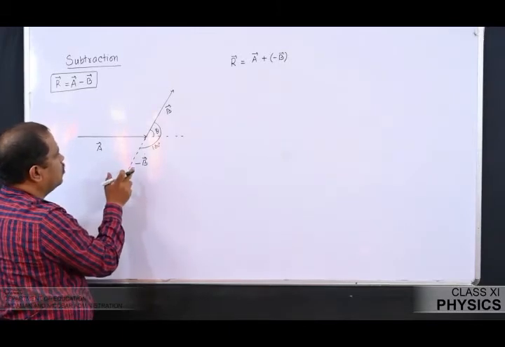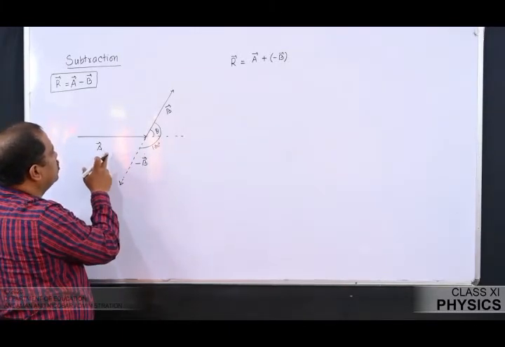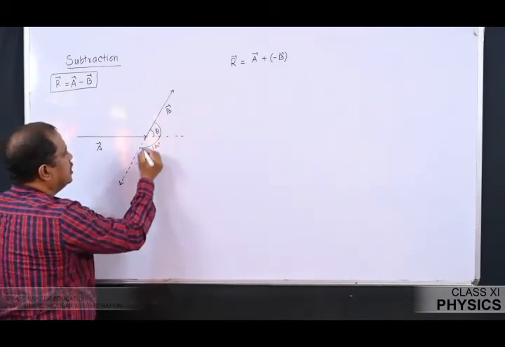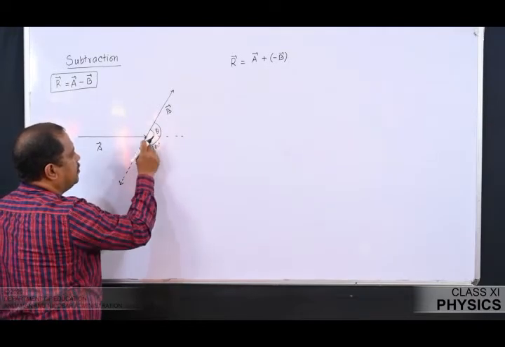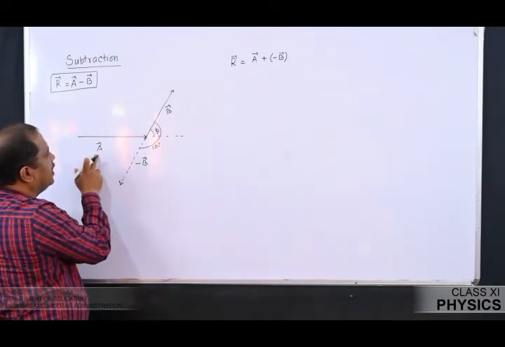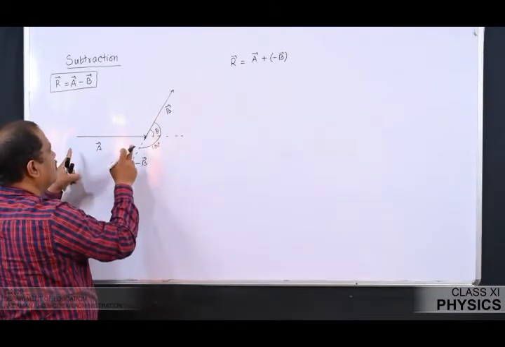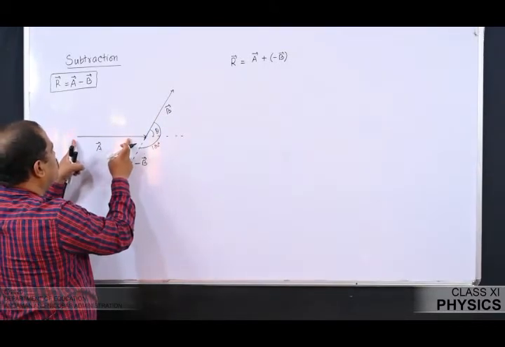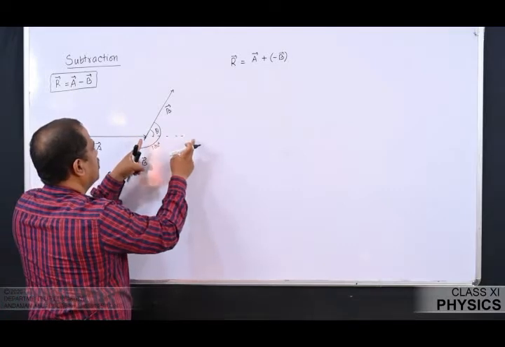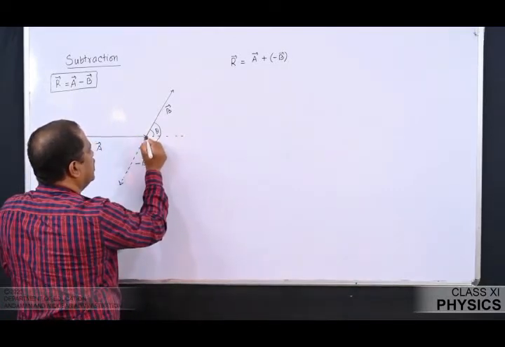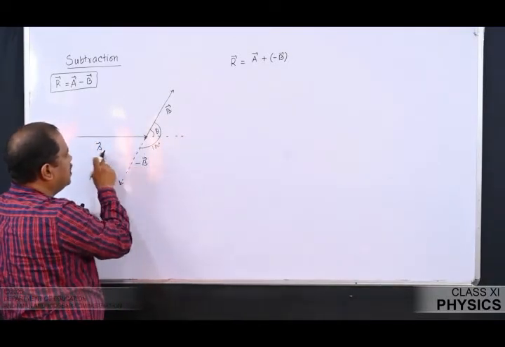Be mindful, to find the angle between the two vectors, I need the tail of minus B vector and the tail of vector A to coincide. So to make the tails coincide, I am going to shift this vector parallelly here. When I shift here, the tails of minus B and A will coincide.